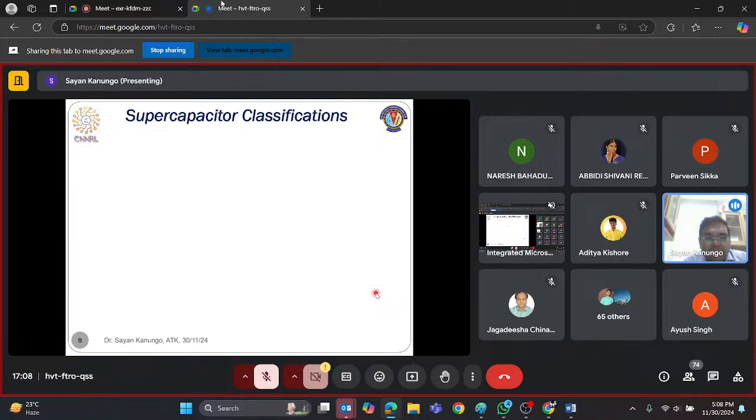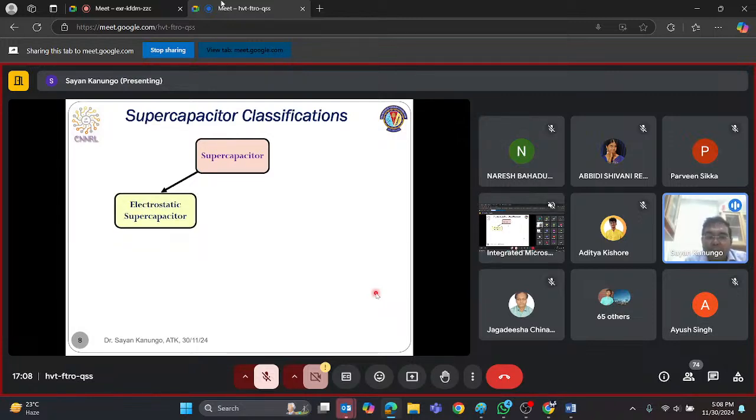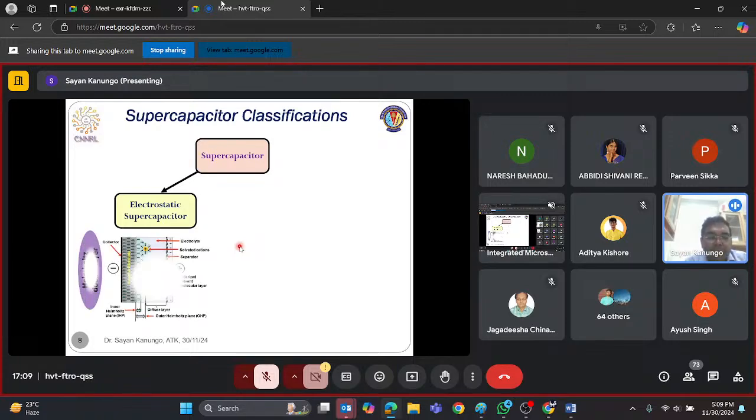As we have very briefly touched upon, the supercapacitor basically works on two distinct types of charge storage mechanism, and based on this, supercapacitors can be broadly classified into electrostatic supercapacitor and electrochemical supercapacitor. But before going into this, I would just like to mention there is also a third type, which is a hybrid between the electrostatic and electrochemical supercapacitor. In an electrostatic supercapacitor, the charge storage is achieved through the formation of the Helmholtz double layer, and this electrostatic charge storage leads to a large capacitive value.